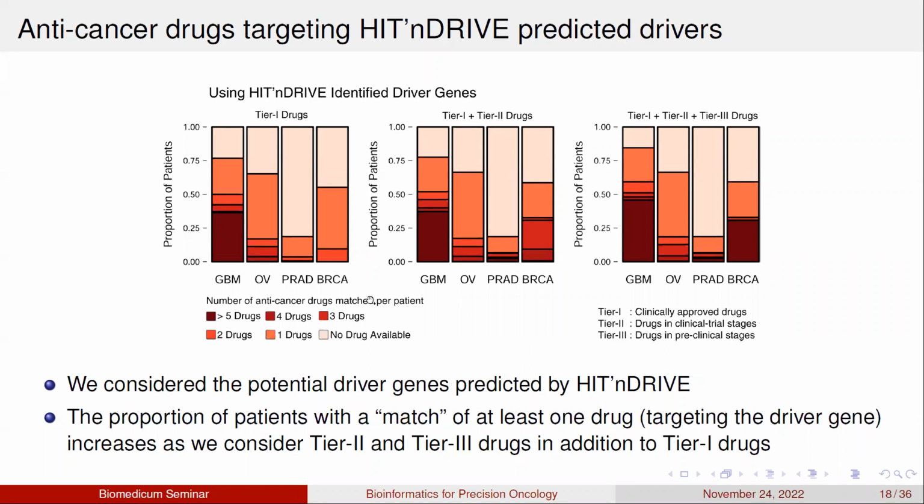What you are looking at is the results of more than 2,000 patients across these 4 cancer types. For all these 2,000 cancer patients, we identified cancer driver genes based on the integration of the genomic, or DNA level, data with the RNA level data.